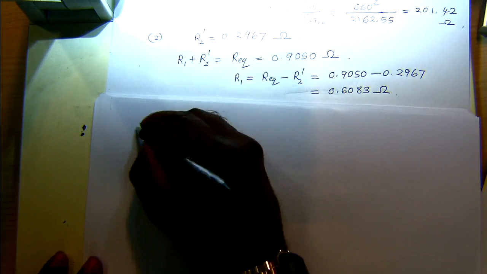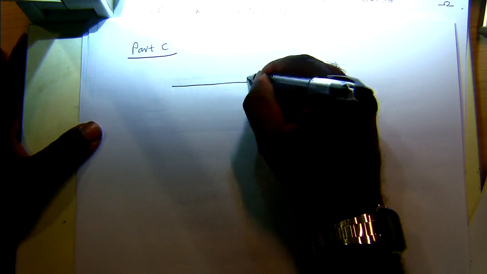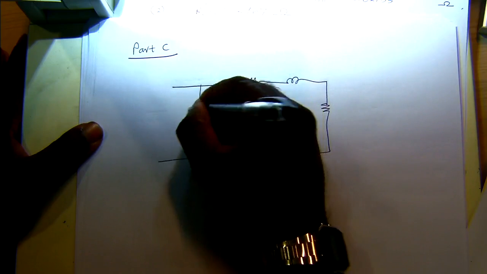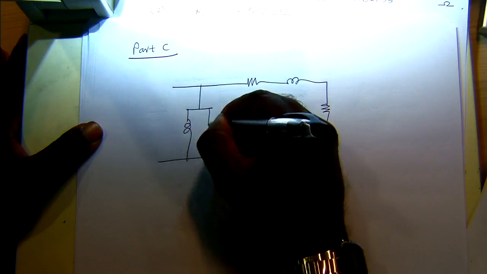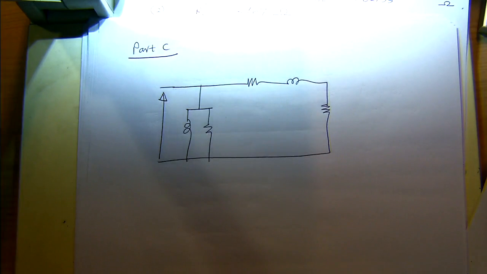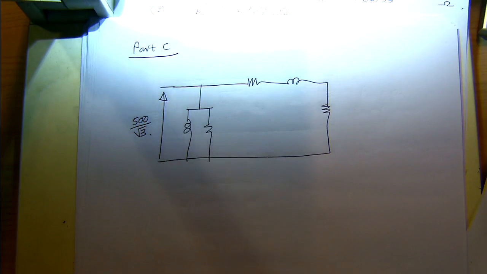So part C. Now we work with the values we have. Now you are feeding here 500 volts, which is 500 over root 3, and then we figured out these values.